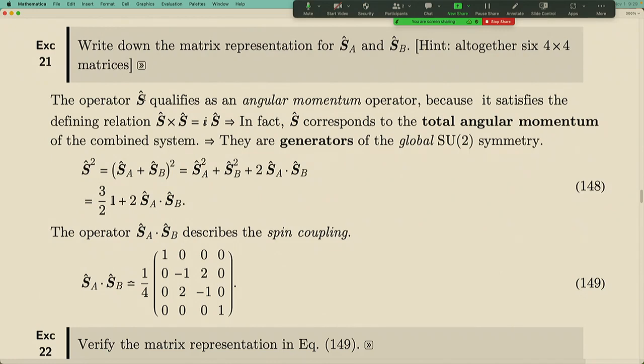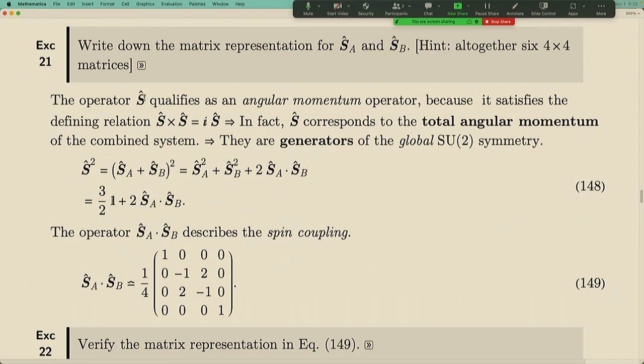There's an algebraic relation for S squared. S squared can be rewritten as SA squared plus SB squared plus 2 times SA dot SB. We know that SA squared is acting on a spin 1/2 particle, and spin 1/2 particles have quantum number j equals 1/2.